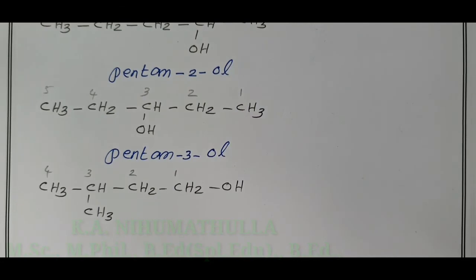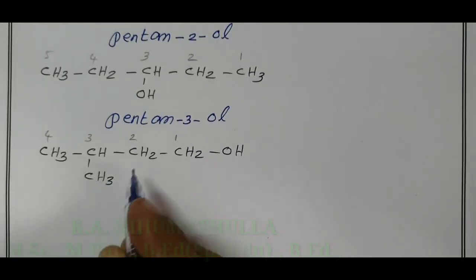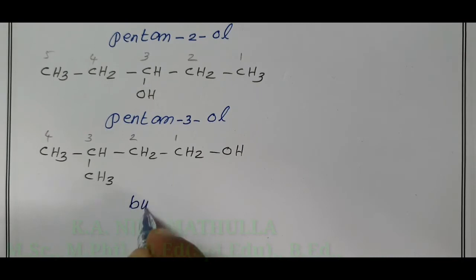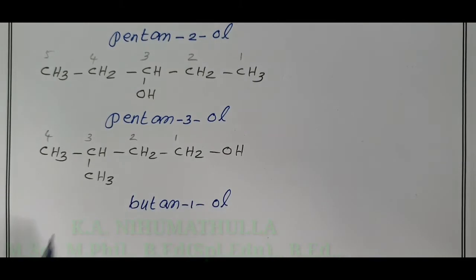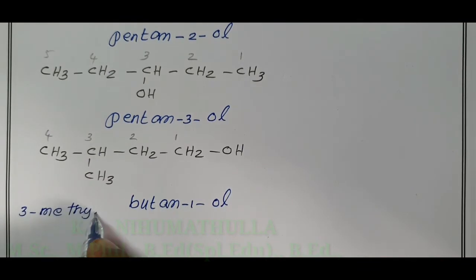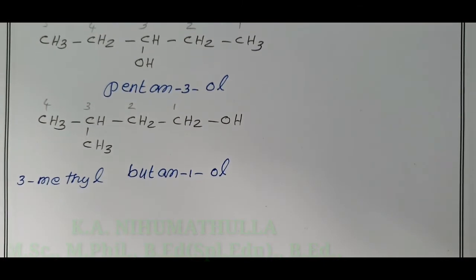Totally 4 carbon atoms in the main chain, so starting with but, carbon-carbon single bond ane, functional group OH ol, position of functional group 1, third carbon contains 1 methyl, therefore 3-methylbutan-1-ol.